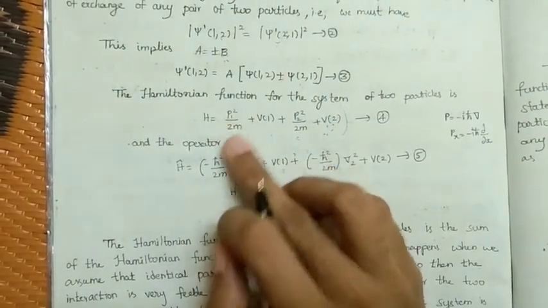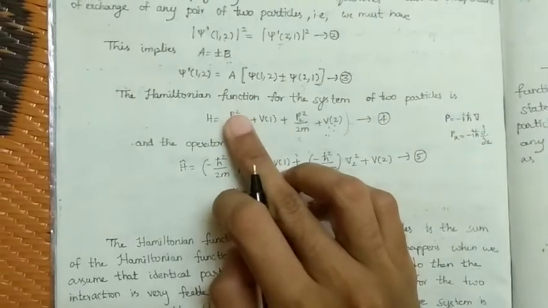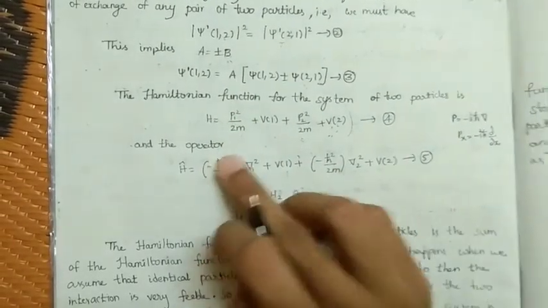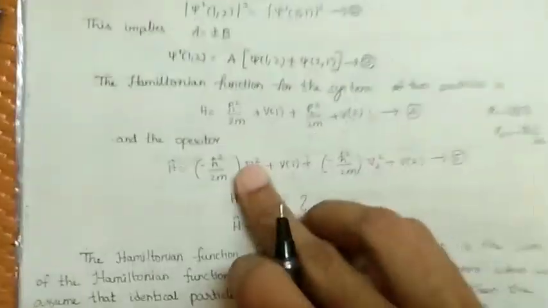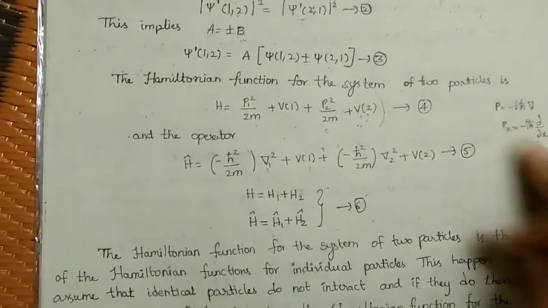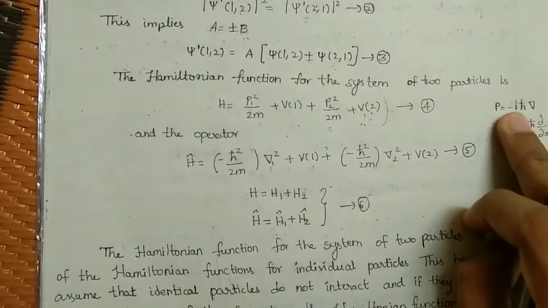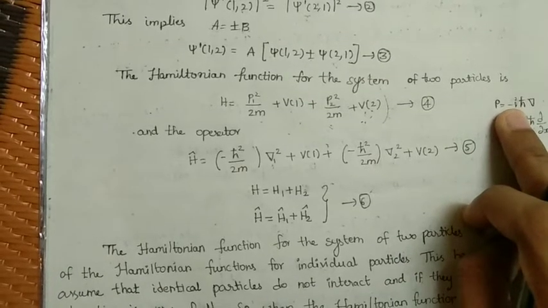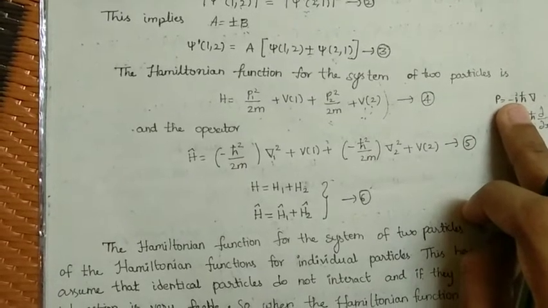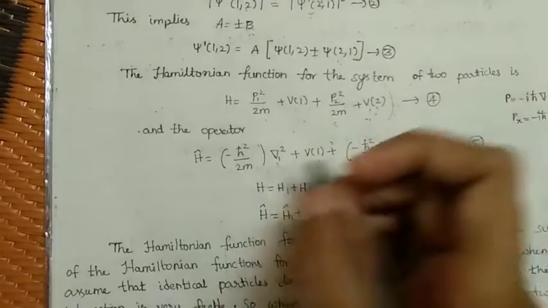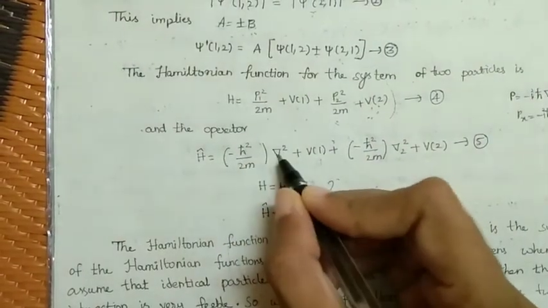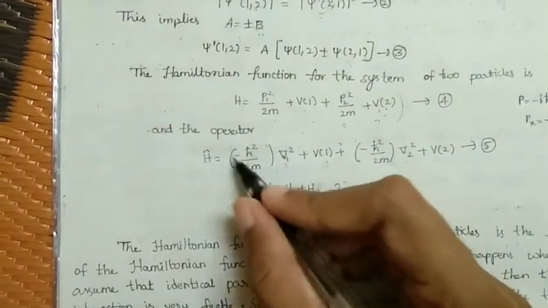So if we do the square of that, minus into minus is plus, but i square is minus. So here is where confusion arises. P square is nothing but minus into minus plus, i square is minus. So minus h cut square del square, minus h cut square del 1 square. So we would have finally minus only.